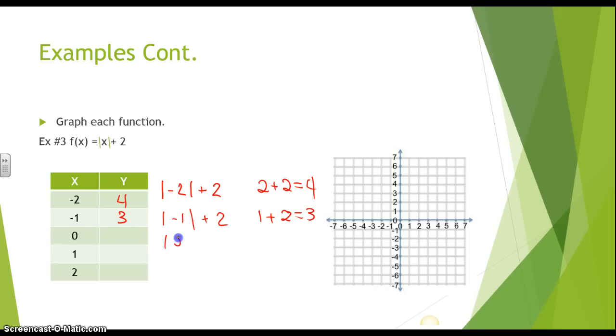Absolute value of 0 plus 2 is going to give me 2. Absolute value of 1 plus 2 is going to give me 3. And the absolute value of 2 plus 2 is going to give me 4.